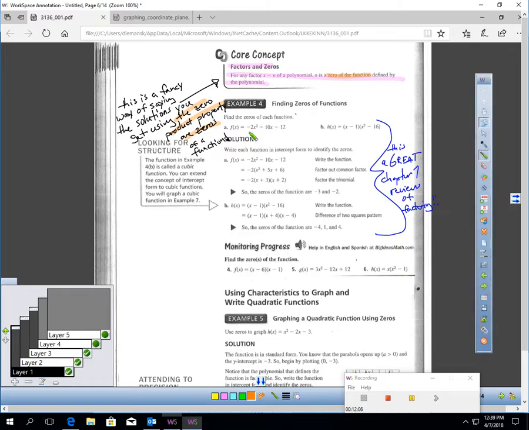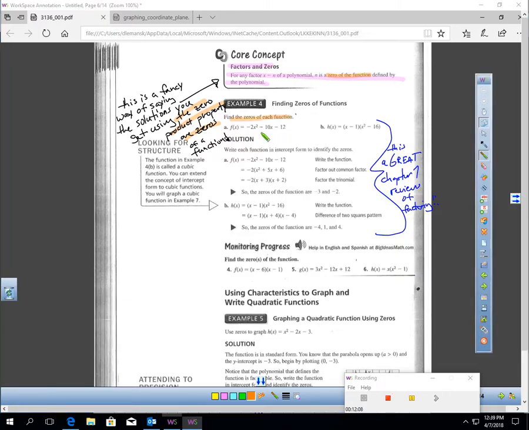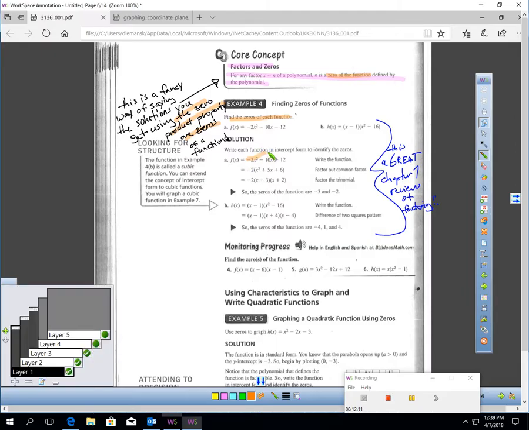Let's look at these two examples real quick. Find the zeros of each function. So let's look at this problem. Look at what they did first here. Sorry, my pen just went haywire. So they took this greatest common factor first, GCF. They factored out negative 2. Look at the trinomial.